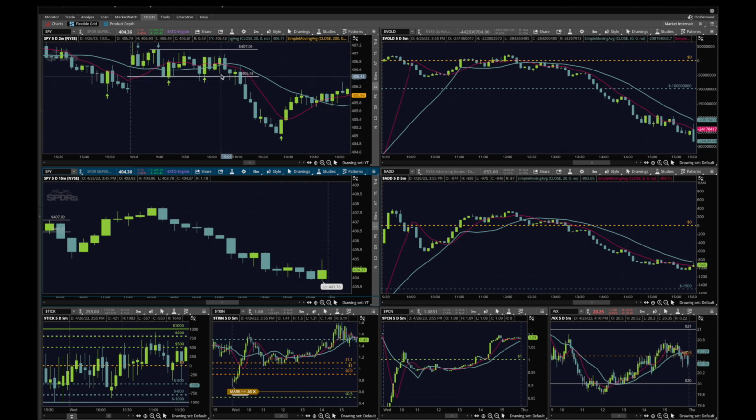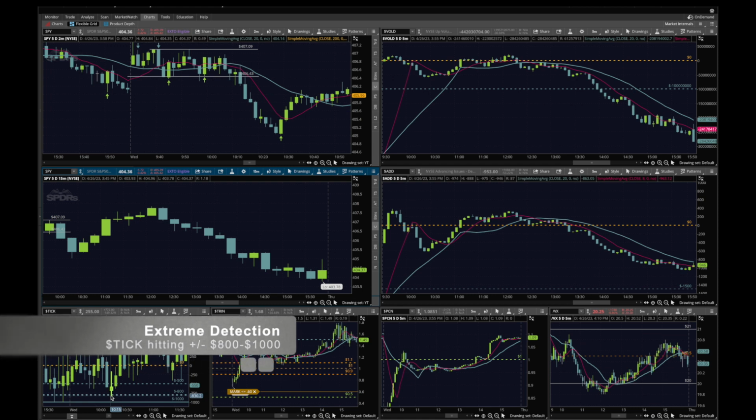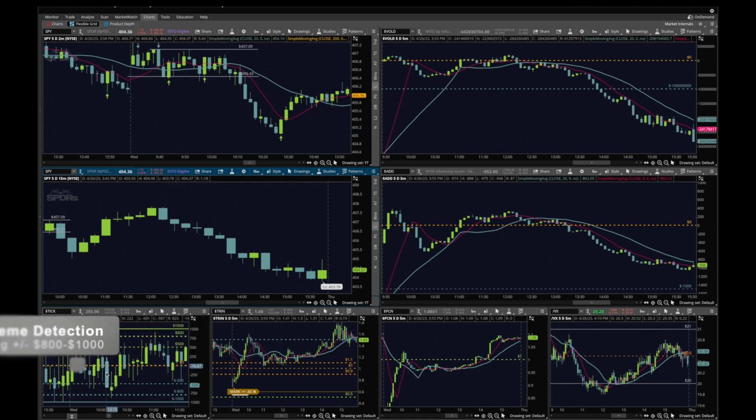Okay, so I think it was right around 10 o'clock, around 10:15, we had a wick below negative 800. When you see that, that's close to 1,000. I think it actually hit 910.